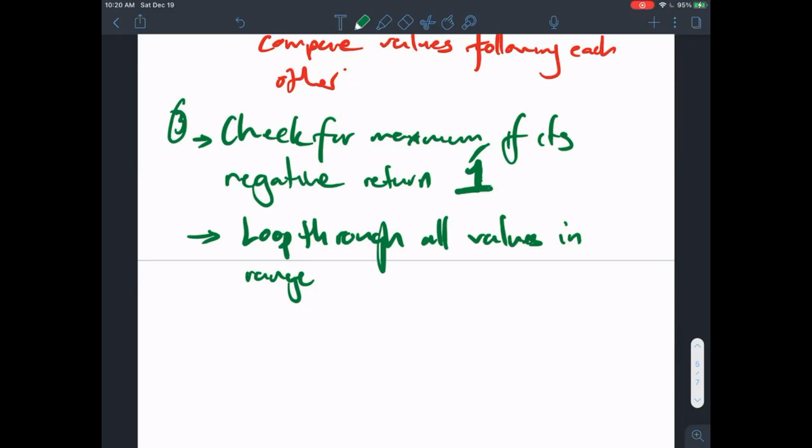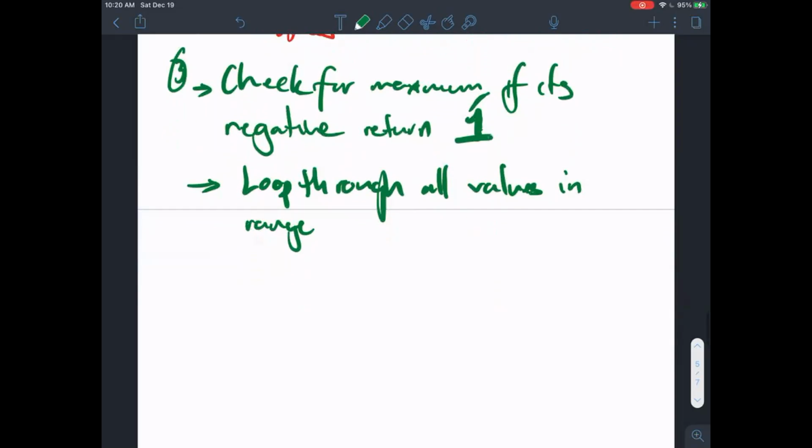Because I'm basically checking for the first smallest positive number in my array, and I'm looping up until I get to the maximum value.